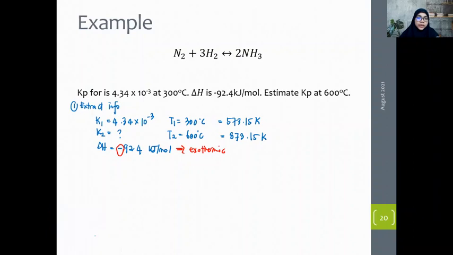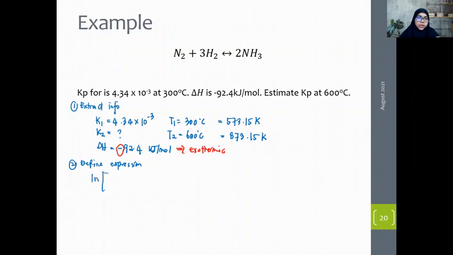Okay, the next step is to define the expression or the equation. What is the relevant equation to be used in order for us to solve this problem? So we're going to use the correlation of the equilibrium constant to the effect of the temperature.